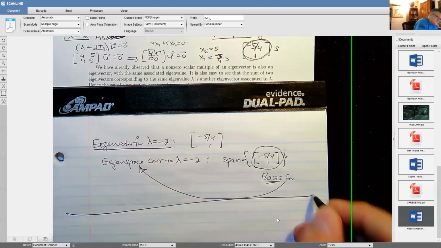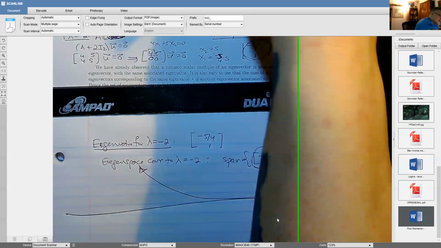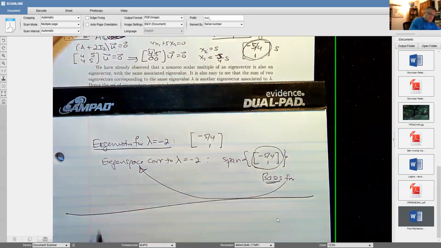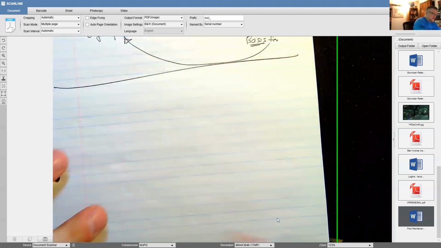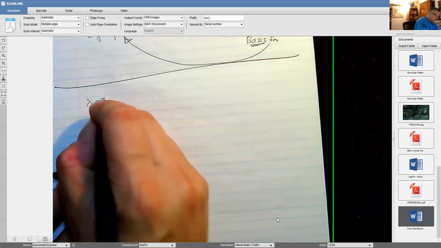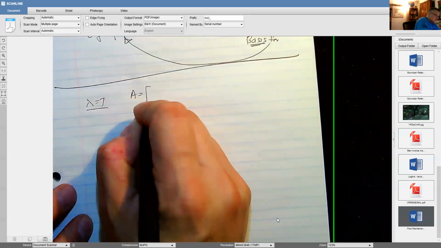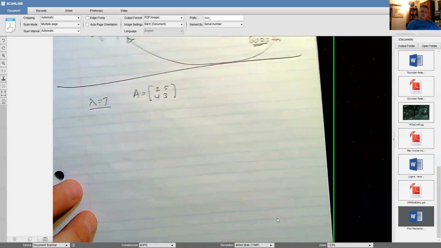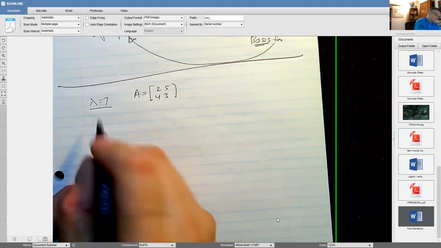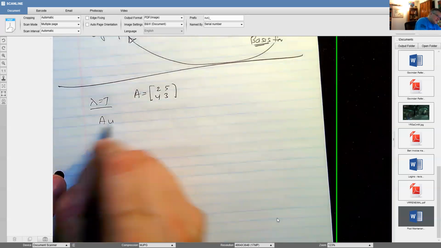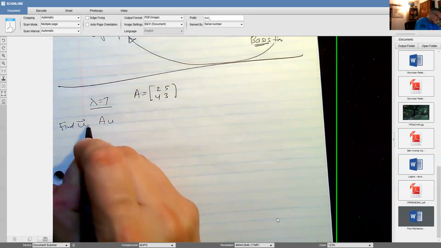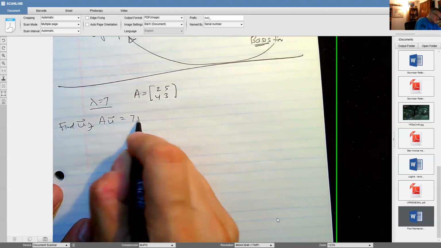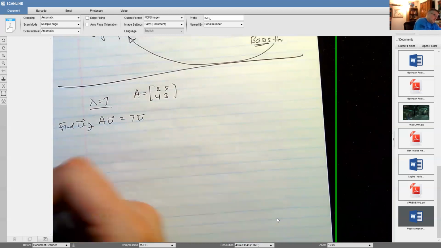Do exactly the same thing for lambda equals 7. So I have lambda equals 7. Let me put the A down. This is just continuing that same problem. And so you want to find u such that Au is equal to 7u.